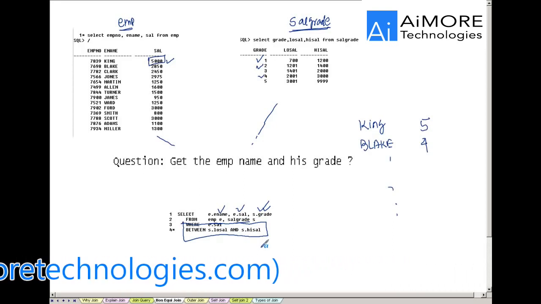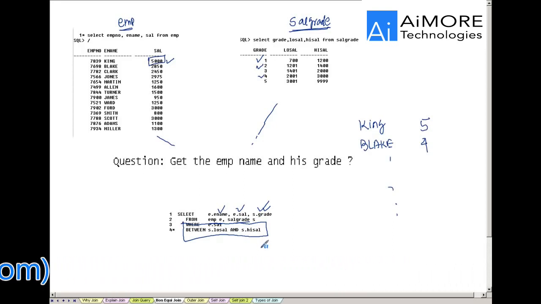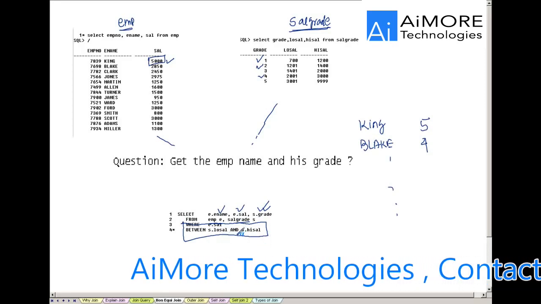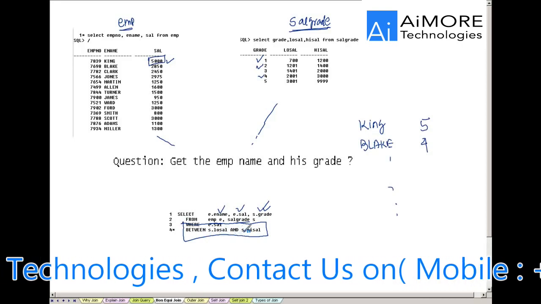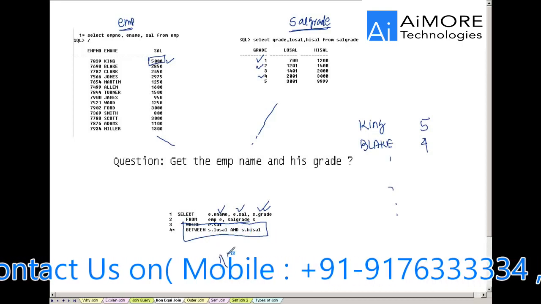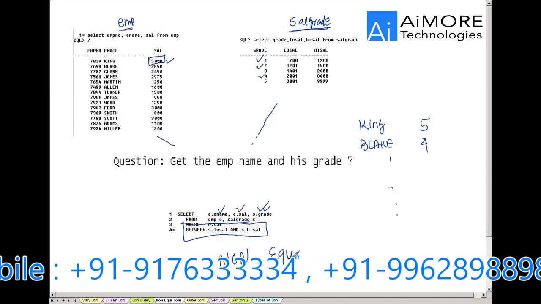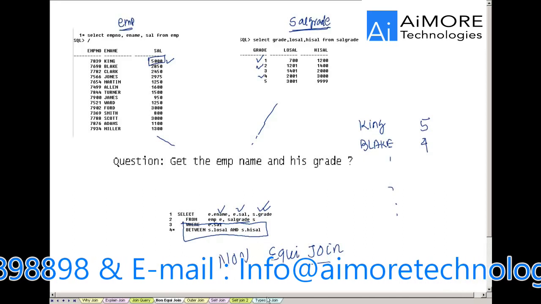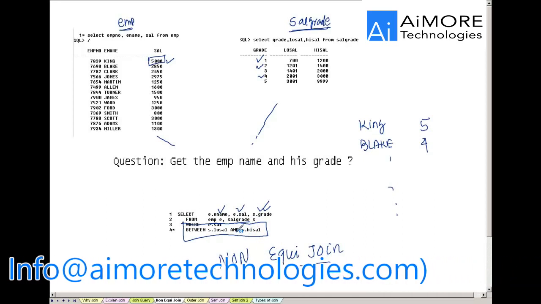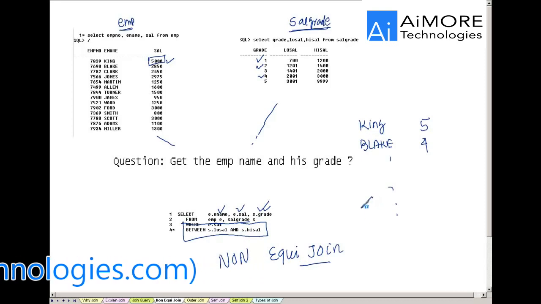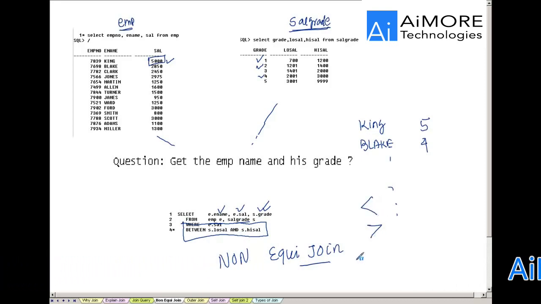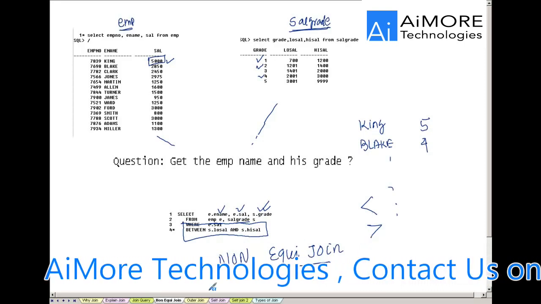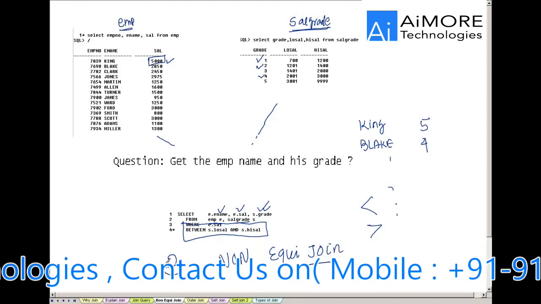It is similar to the join that we discussed earlier, like simple join or equijoin, but here there is no equality sign. Here the operator is between and. Therefore this is called non-equijoin, where you don't have an equality sign. Similarly you can have greater than, less than, and that is also a type of non-equijoin. So this is the second type of join.